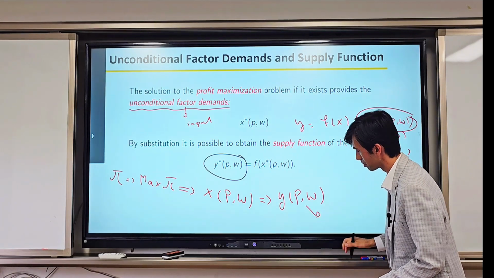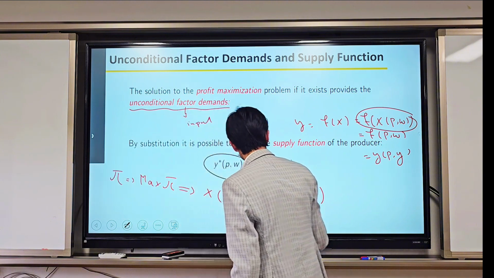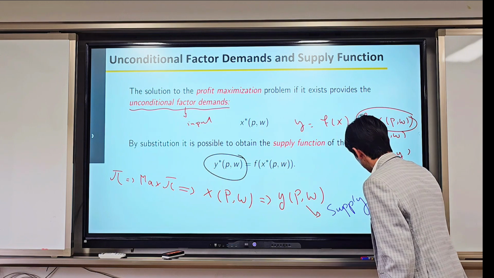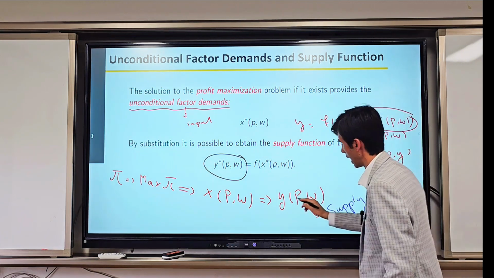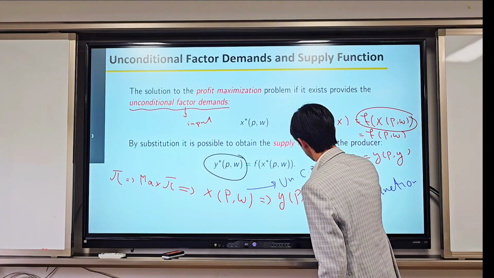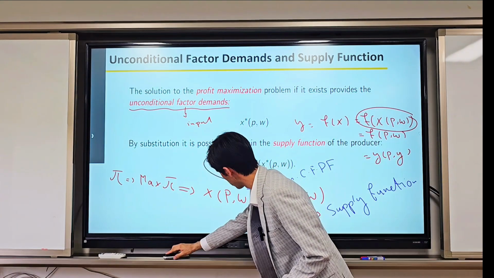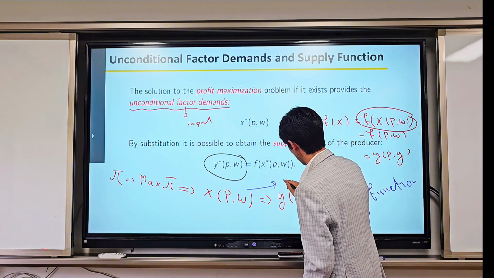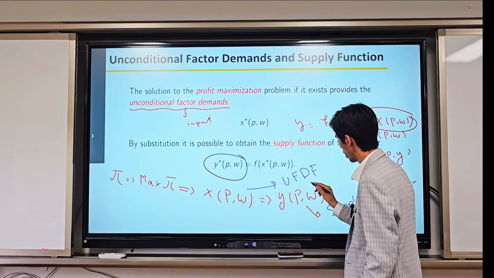So this is our supply function. And this is the unconditional factor demand function, which is not conditioned on our output. Again, why is it unconditional?